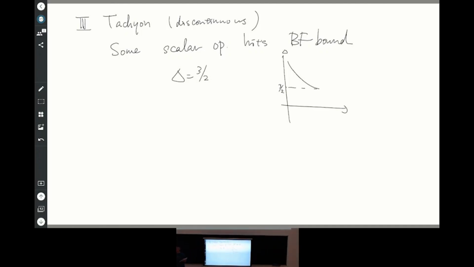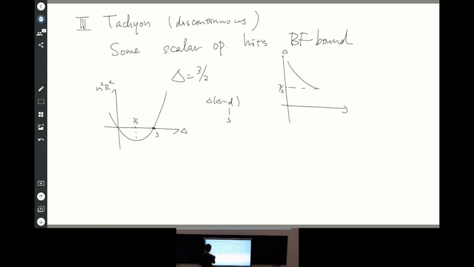okay, let me just draw the usual one. You write the mass squared and then the dimension. The relation between mass squared and dimension is like this, delta minus d, and in this case, d is 3. Then the relation goes like this, and here you have 3, and then here you have 3/2.